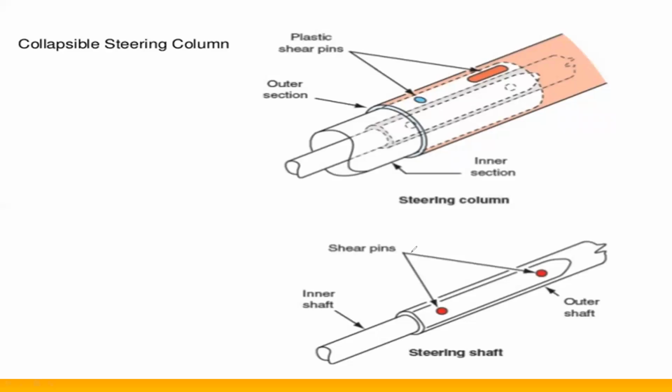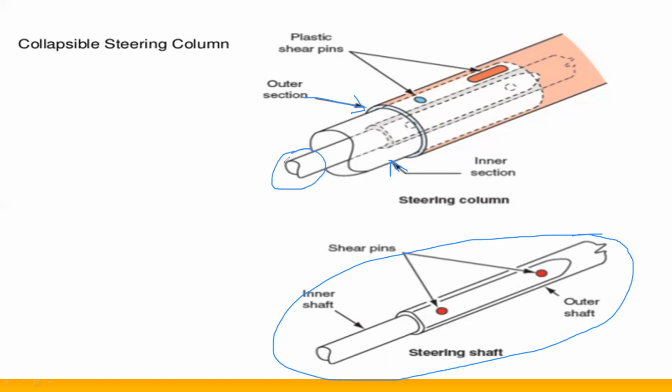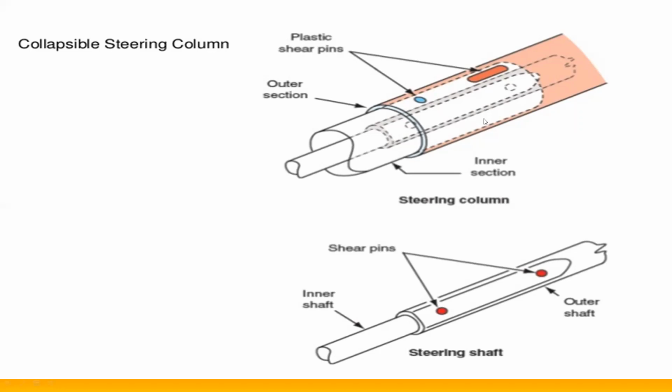The steering shaft is fixed to the top and bottom of the steering column. It is the outer section and it is the inner section of the steering column. The steering shaft is fixed in the steering column. That is the diagram of the steering column.